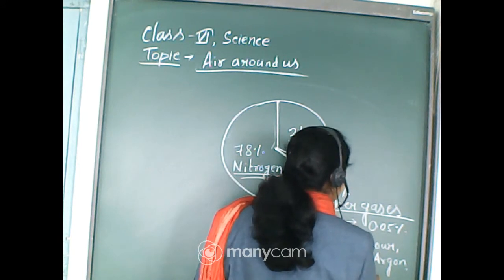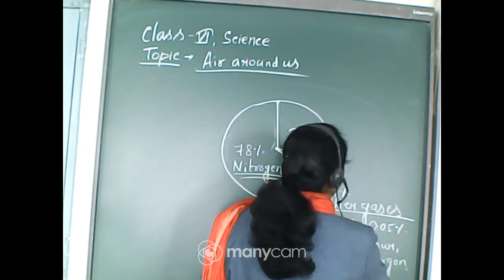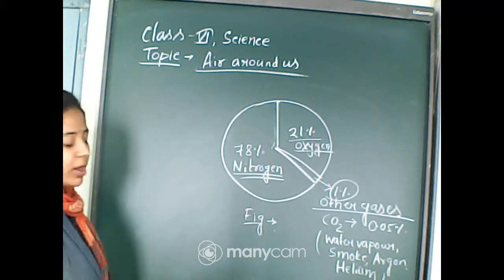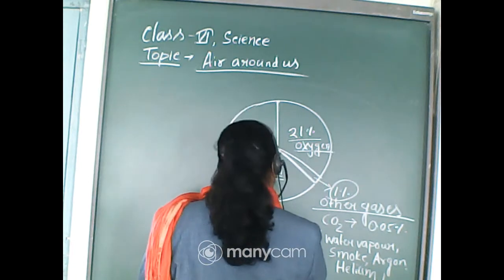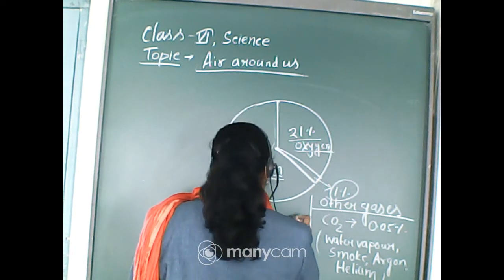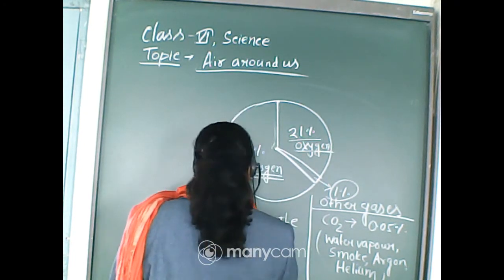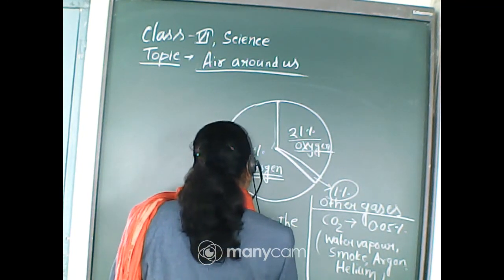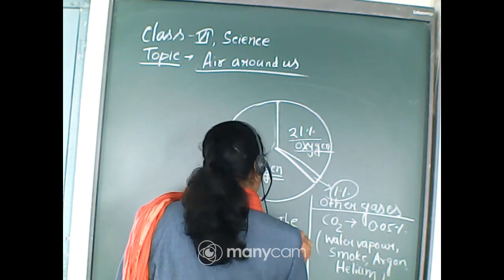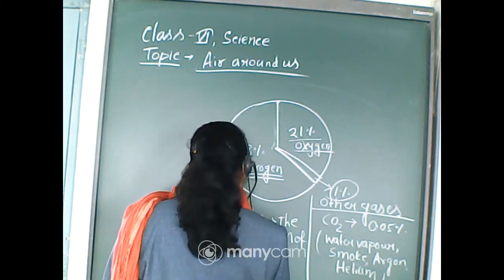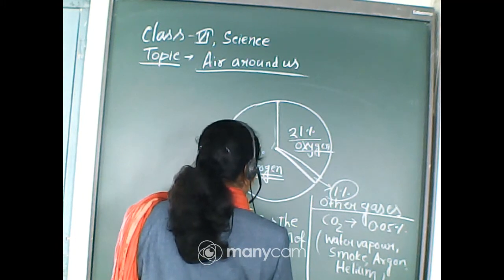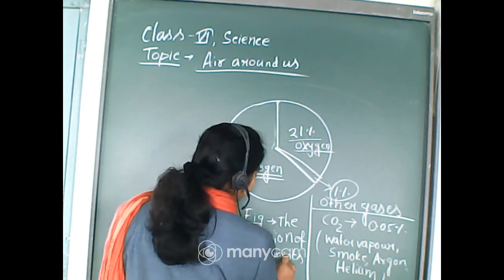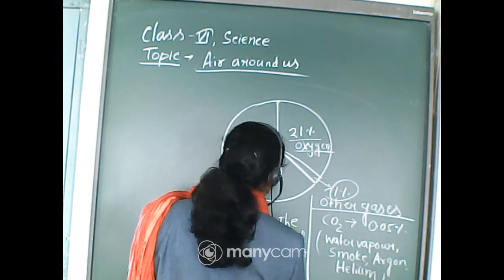All these gases can be found in this 1%. Okay, you understood this point? So this figure we can name: composition of the components of air. Components of air. I hope you understood.